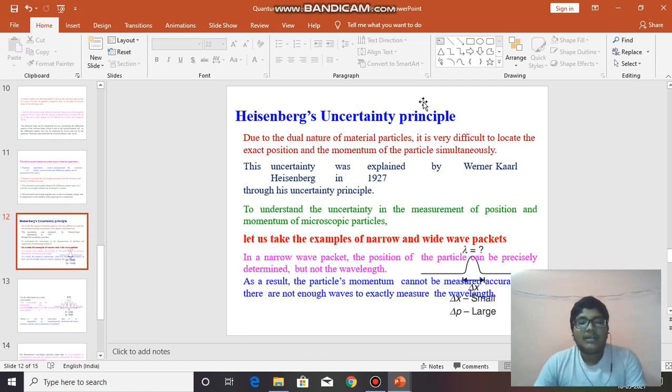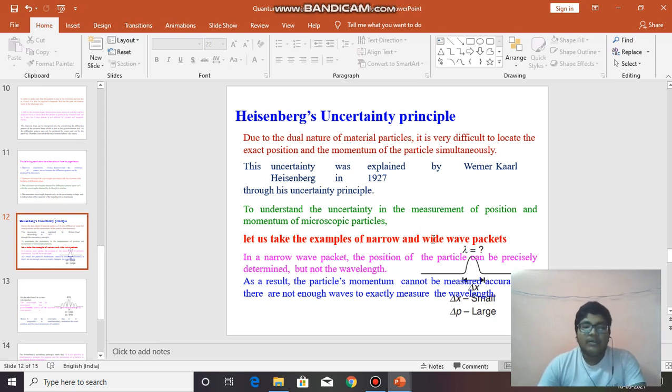And then the Heisenberg uncertainty principle, we are all familiar with it from our lower classes. The uncertainty was explained by Heisenberg in 1927. To understand uncertainty in the measurement of position and momentum of microscopic particles, let us take an example of narrow and wide wave packets.